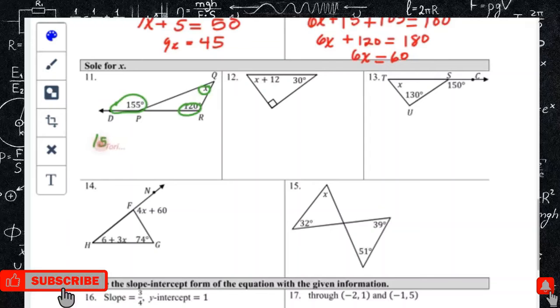So the exterior angle, 155, is equal to the sum of the remote interior angles, those two. And then you just solve this equation. Subtract 120 on both sides, and x should be 35 degrees.